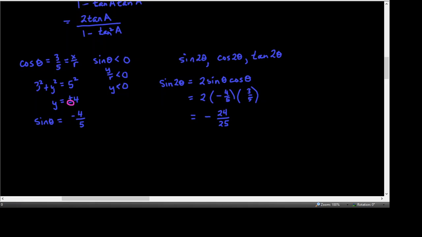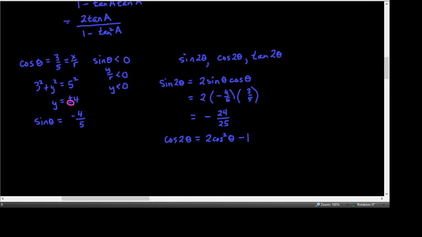Okay, cosine of 2 theta. Well, we have 3 versions of that we could use. If I only wanted to use the given, cosine of theta is 3/5, I could use the one of those that has only cosine in it. So 2 cosine squared theta minus 1 is the one I want to use. Now, I could use the calculated sine theta in the original one we got, but using that calculated value might be dangerous if I happen to have made a mistake in finding sine of theta to begin with.